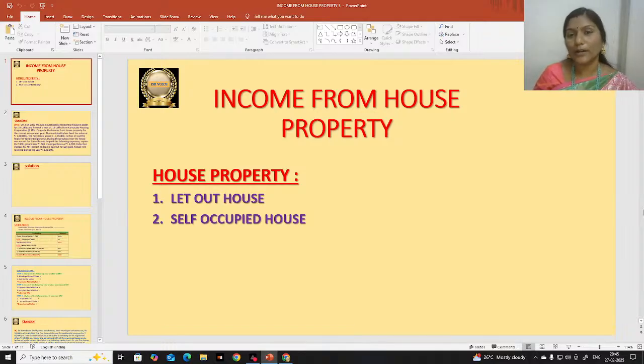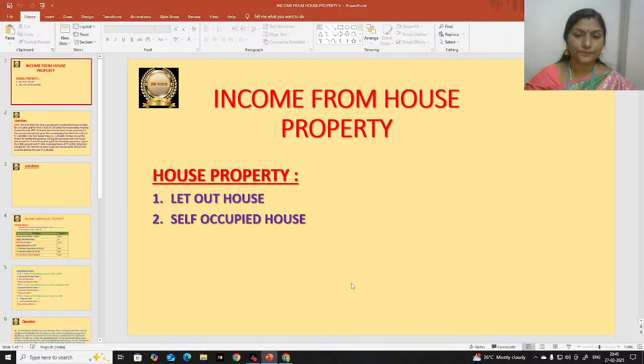Income from house property can be divided into 2 types. One is let out house, and the second one is self-occupied house. Here I have shown on the screen that one is a let out house and the other one is a self-occupied house. These are the 2 house properties for the assessee.